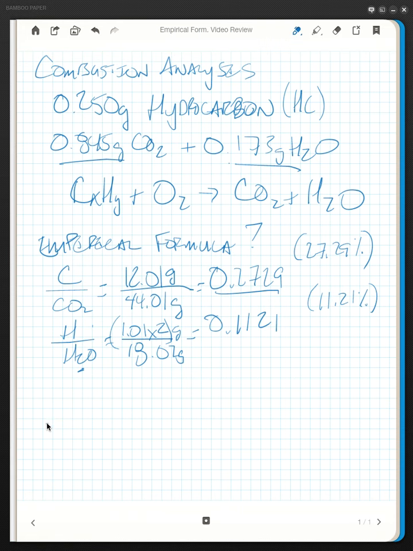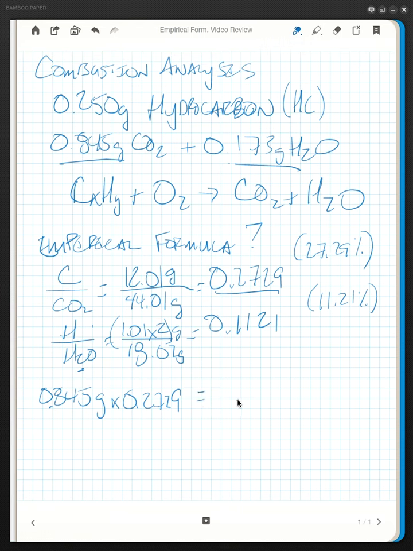Now, if it says that it's combusted completely, that means that all of the carbon that was in the hydrocarbon is now in CO2, and all of the hydrogen in the hydrocarbon is now in H2O. So to set this up, we would say, okay, 0.845 grams times 0.2729. It's horrible handwriting, which we know already.